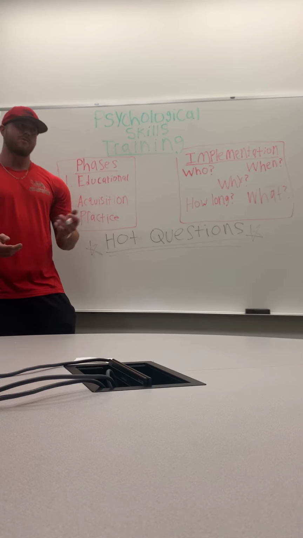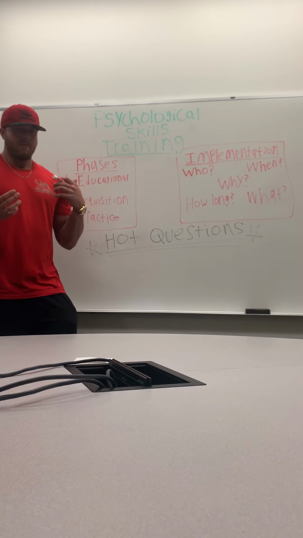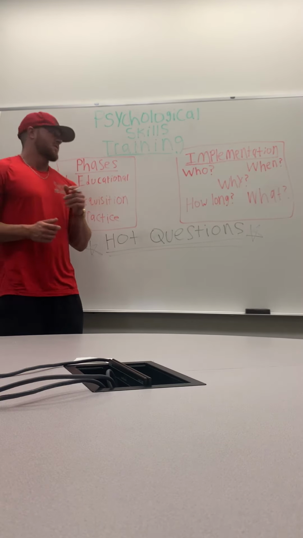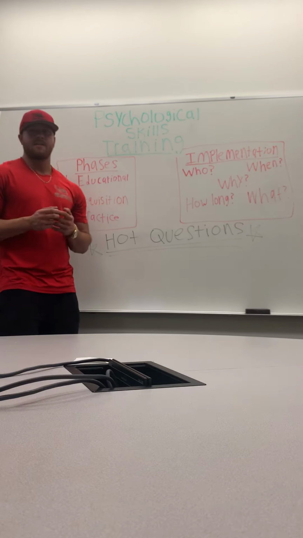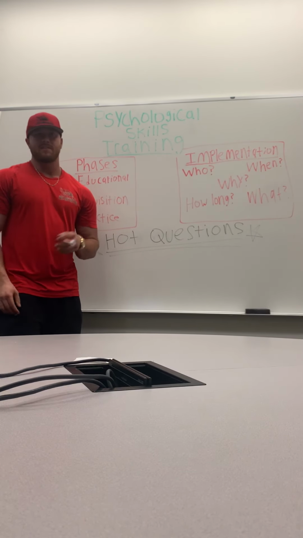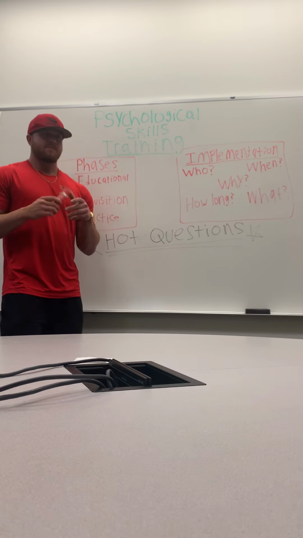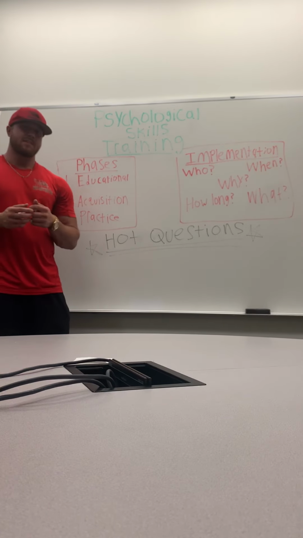Once they're through with the educational phase and they're made more aware of what issues they might be having, they move into what is called the acquisition phase, which is phase number 2. Once they're made familiar with the different strategies and techniques they might be able to use, this phase is mostly used towards building skills.